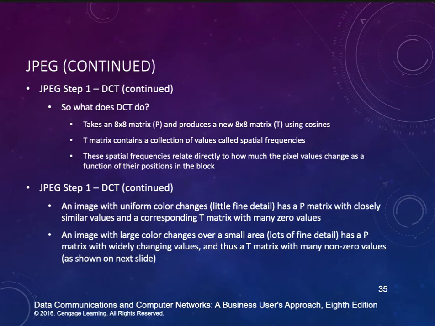With the 8 by 8 matrix, it's called spatial frequency, and with little fine detail, the P matrix is being used, and the T matrix has many non-zero values. Let's take a look at the next slide to be more precise.